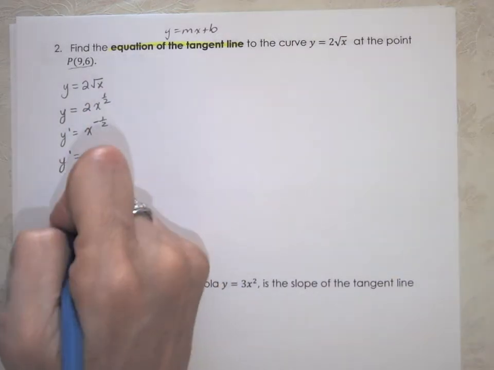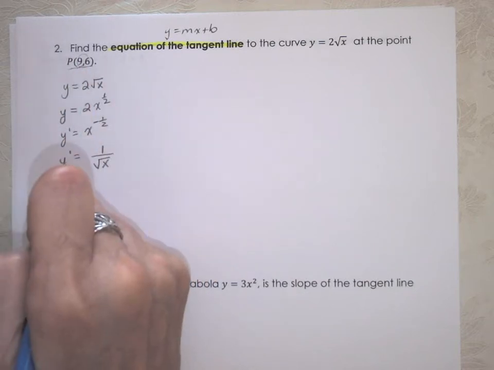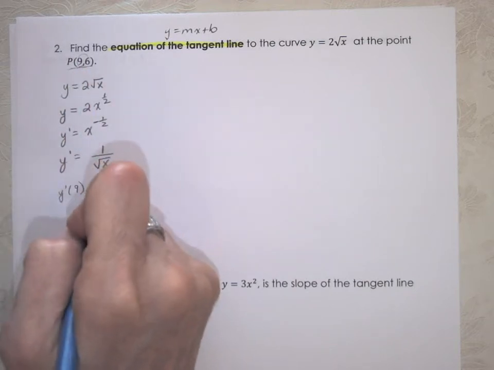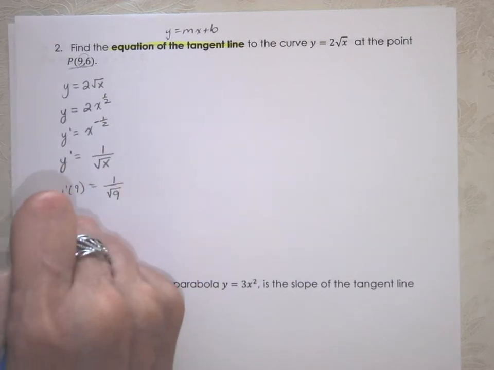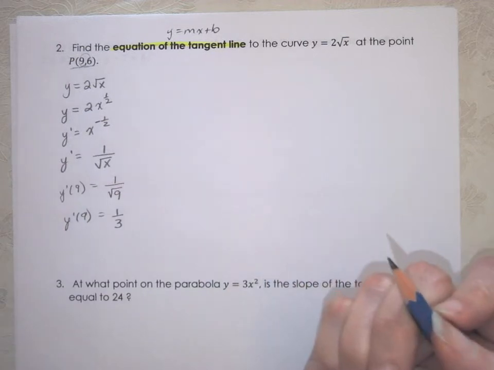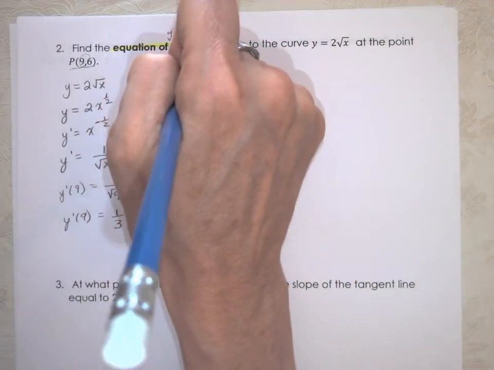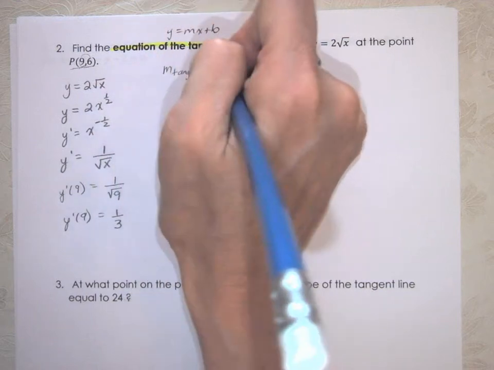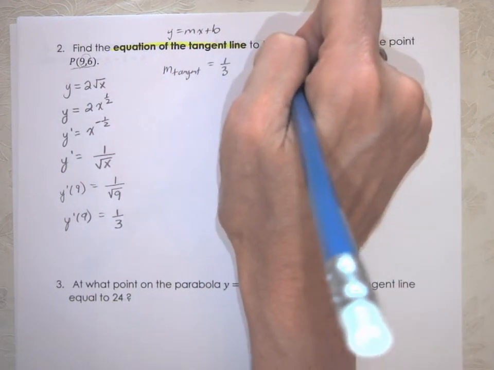Then we want to find the slope of the tangent at 9. So y prime at 9 is 1 over the square root of 9, which is 1/3. Okay, so now we know the slope of the tangent is equal to 1/3 at the point 9, 6.